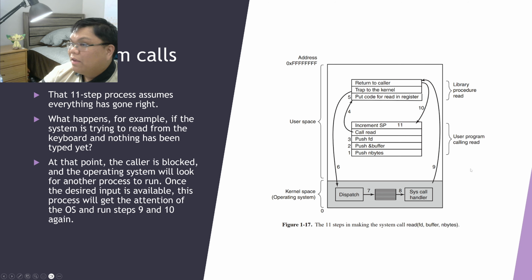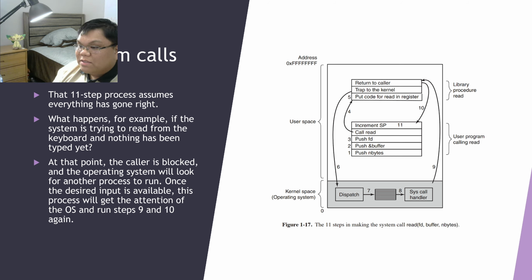So there's a little bit of a hiccup that can happen, and it's this. What happens if the program is trying to read from the keyboard and nothing's been typed in yet? At that point, if you just look at it this way, the computer is going to be doing nothing because it's waiting for input. So remember what I said about keeping the CPU busy?